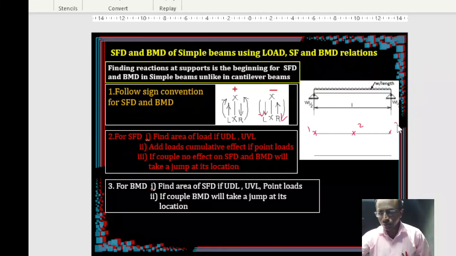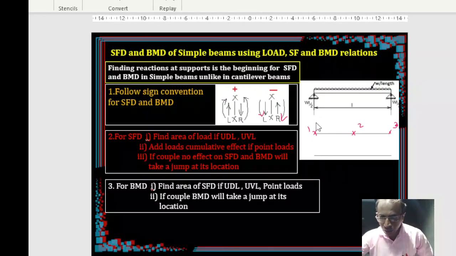So this is our third point, let's say. So after taking this, now start drawing this. Now if you want to find the ordinate here, the ordinate is already available. Before that, whatever vertical loads are there, you add them. Before that, nothing is there except this. At this location, the shear force is WL by 2. So you draw an ordinate of WL by 2 at this location.